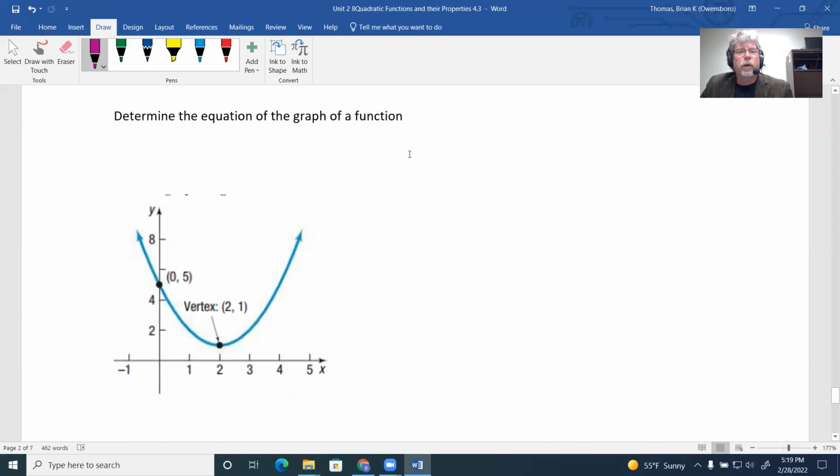So if I want to determine the equation of a graph of a function, if I give you this graph, again, to write an equation of a graph, we're going to use y equals a times x minus h squared plus k, because the h and k would be the vertex in this problem.